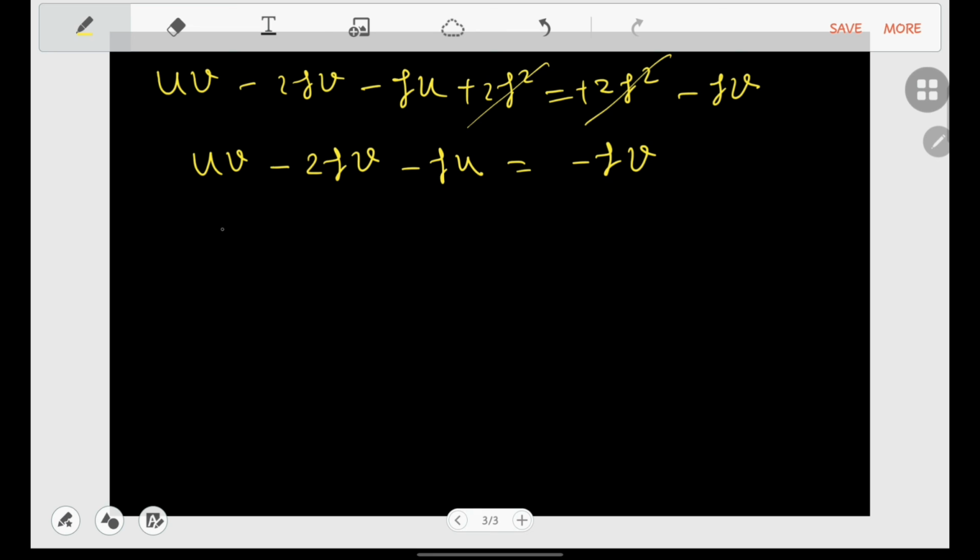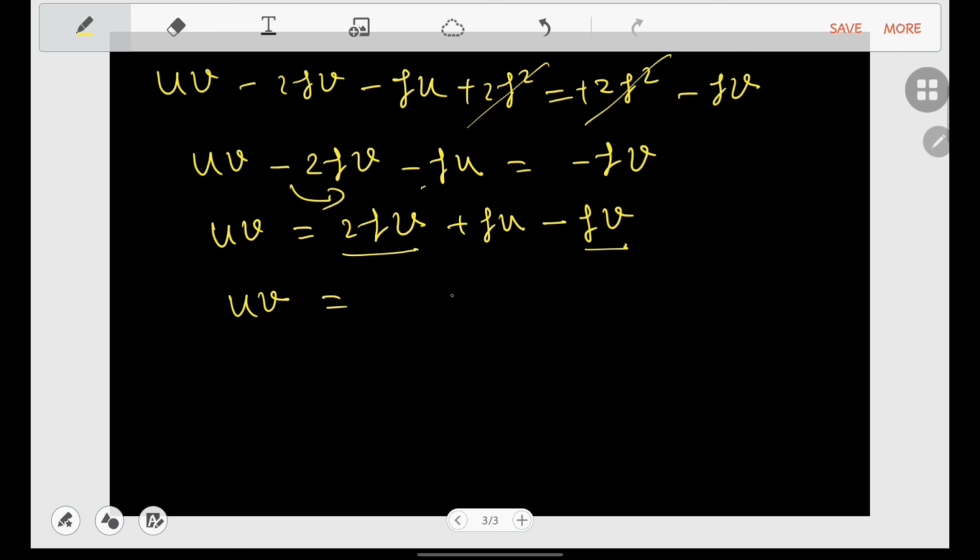UV equals 2FV, because this minus will go to that side and become positive, then plus FU, and minus FV is already there. Minus 2FV and minus FV we can combine easily, and we get UV equal to FV plus FU. This is the final relation we get here.